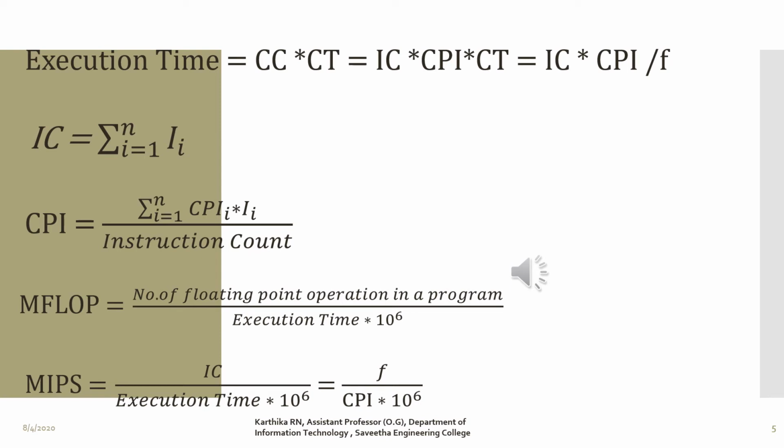Because in MFLOP, M is million. What is million? Million is mega, and mega is nothing but 10 to the power 6. Next comes MIPS. MIPS is equal to IC, that is instruction count, divided by your execution time into 10 to the power 6. The same thing applies here. It is million instructions per second, so we use 10 to the power 6. Then MIPS can be rewritten as frequency divided by CPI into 10 to the power 6.